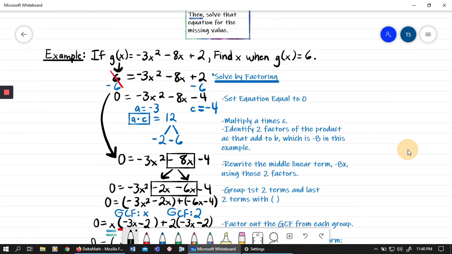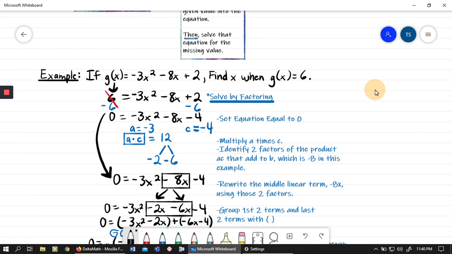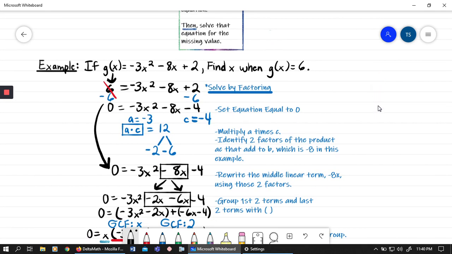So again, guys, remember what we did was first we substituted that given value into the equation. You see, we replaced the g of x with the 6, and then we solved the equation for the missing value. It's not my fault that we were solving a quadratic. Okay, but again, it's just reinforcing what we've been talking about during that last unit with solving quadratic equations.